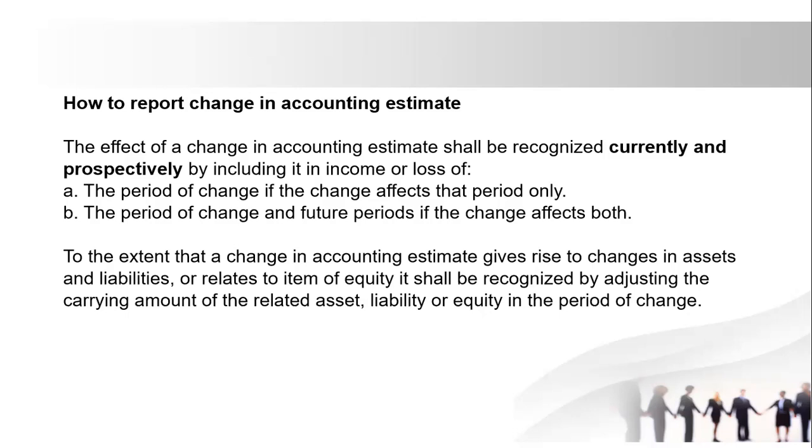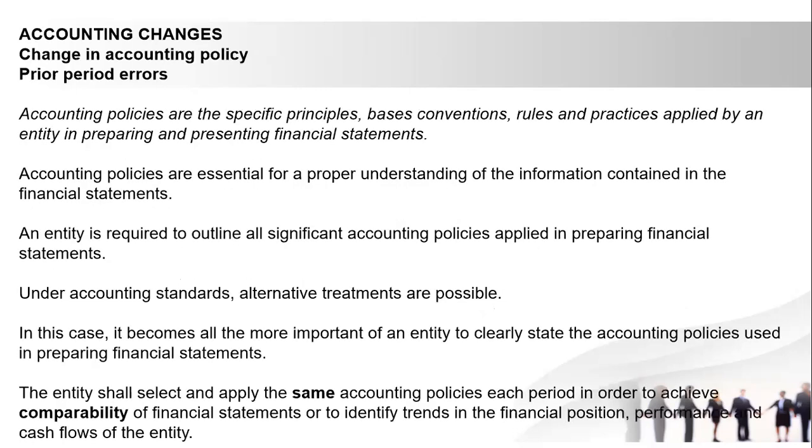To the extent that the change in accounting estimate gives rise to changes in assets and liabilities or relates to an item of equity, it shall be recognized by adjusting the carrying amount of the related asset, liability, or equity in the period of change.